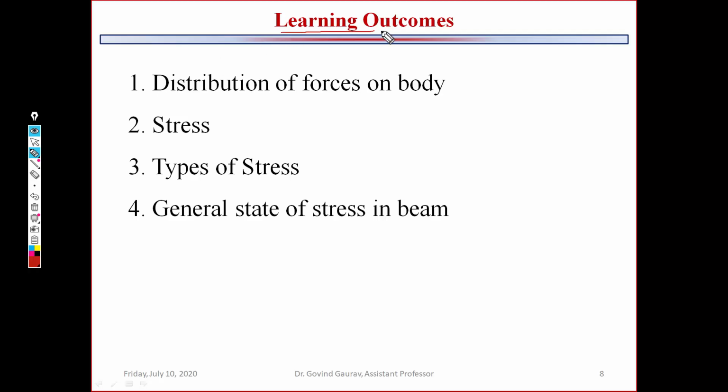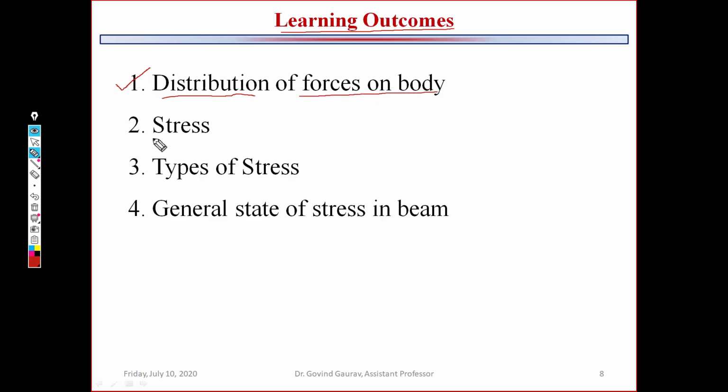So the learning outcomes of this session are the different types of forces that can act on a body. We have studied the different types of forces a body can be subjected to. It can be a concentrated force, it can be a linearly varying force that is acting along a line, or it can be a surface force that is acting on the body.